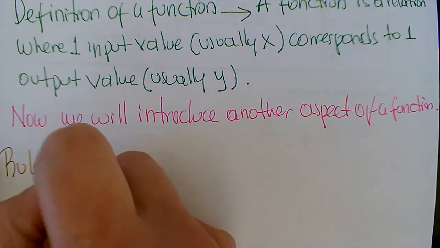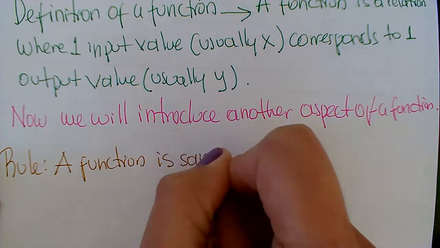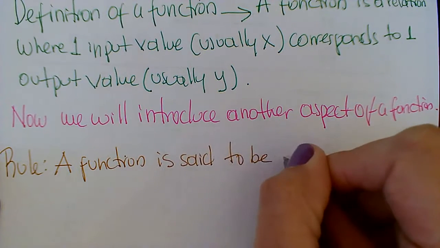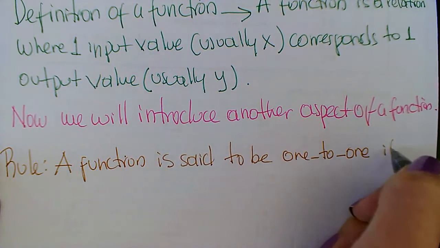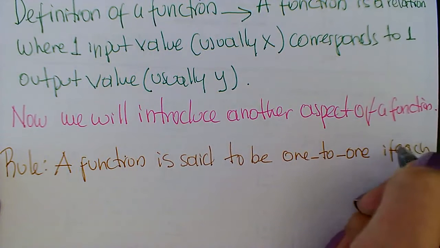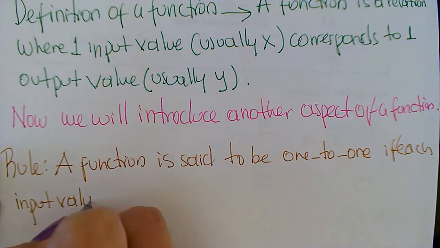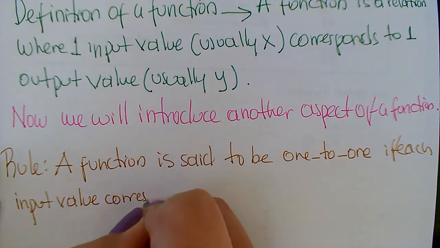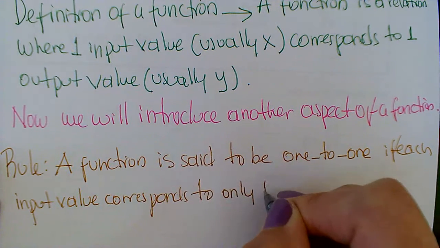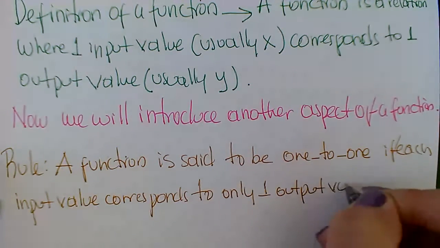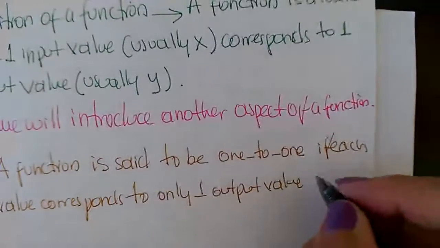So let's write that down, okay? A function is said to be one-to-one if each input value corresponds to only one output value.